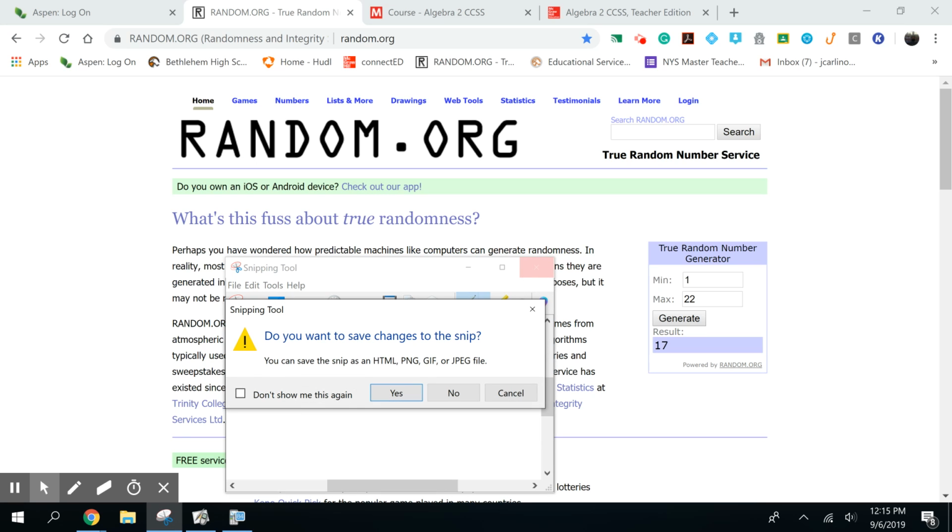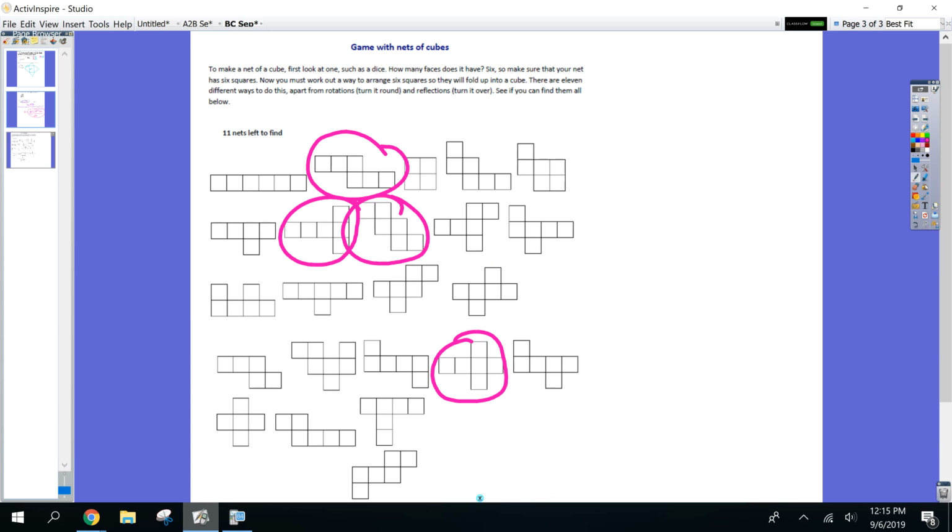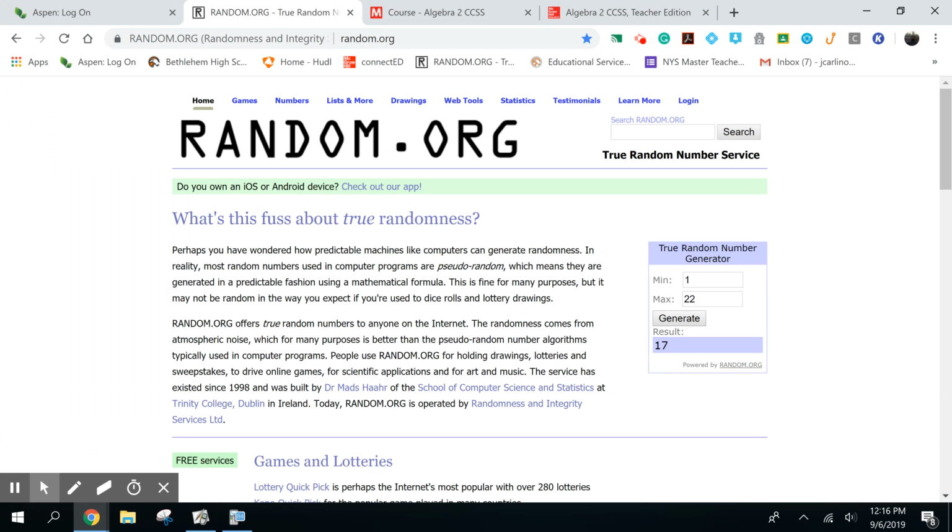Rattled. Just hit no. How about that net? All right, look at honors geometry, 5 for 5 right now. 6 more to go. Oh boy, 6 more to go.